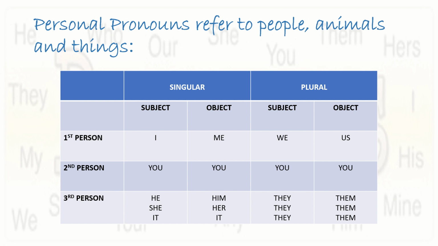Because personal pronouns, children, have different forms, and they change their forms depending on the position they are placed in a sentence. So, we need to know some important rules and points that are very essential in making decent and correct sentences.